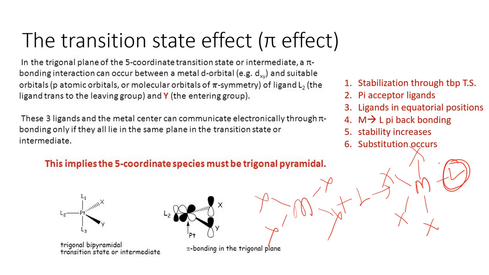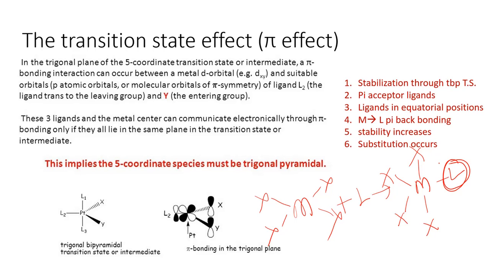But for what arrangement would it stabilize the transition state? For that, the ligands should be in the equatorial position, because we already know that metal to ligand pi back bonding is enhanced when they are in the same plane, or in the equatorial position.